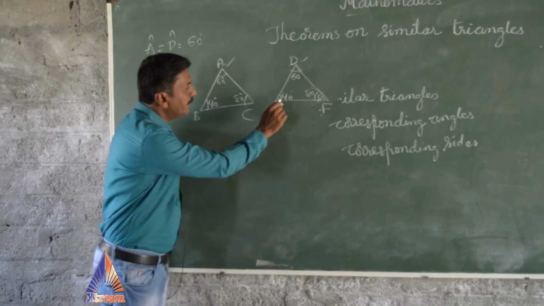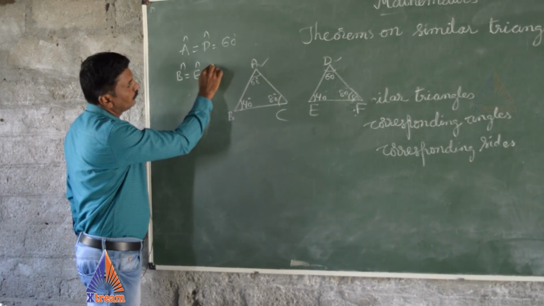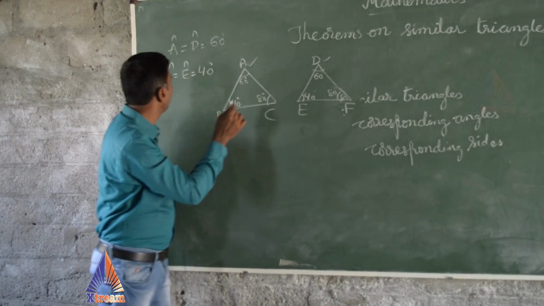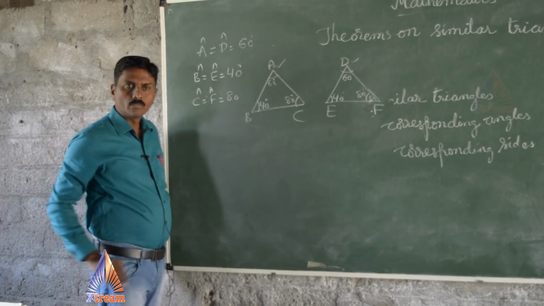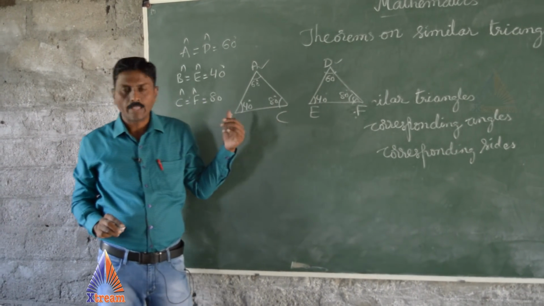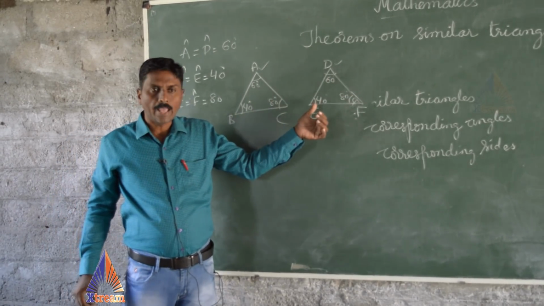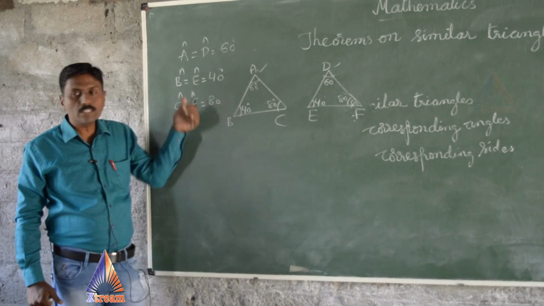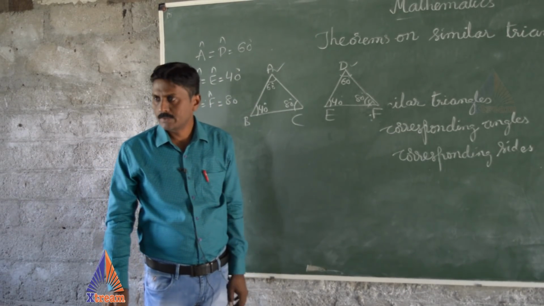Similarly, angle B and angle E, 40 degrees, and angle C and angle F are equal to 80 degrees. In these two triangles, angle A is equal to angle D, angle B is equal to angle E, angle C is equal to angle F. So these are called pairs of corresponding angles.